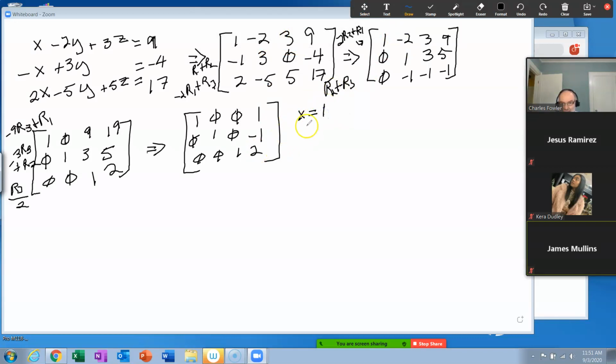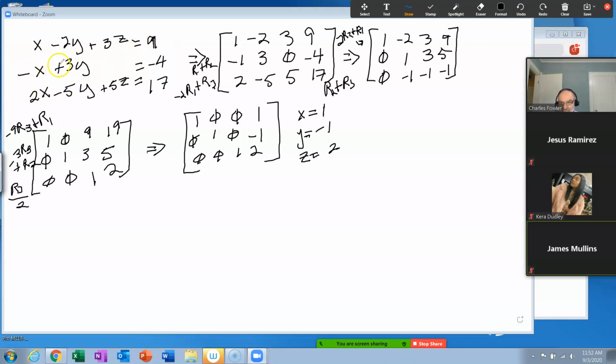X equals 1, y equals minus 1, and z is equal to 2. Okay, let's see if that works. I think we've checked this before. 1 minus 2 times minus 1 is plus 2. 1 plus 2 is 3. Plus 6 is 9. That works.